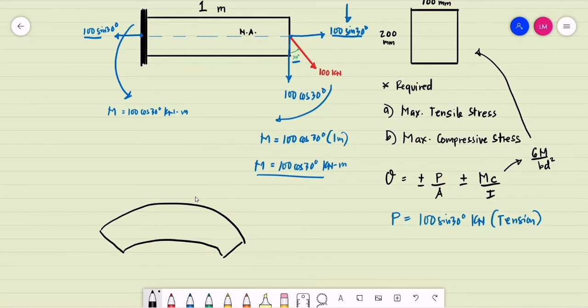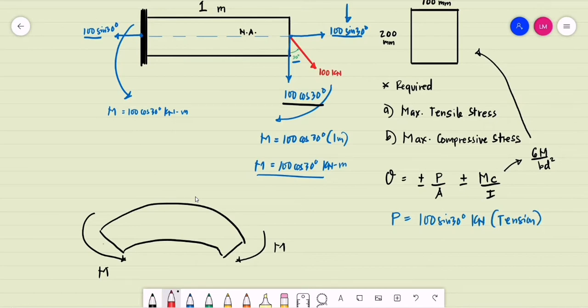On the right end we have a clockwise moment because of the vertical component, and the moment reaction at the fixed support is counterclockwise. So this is a negative bending moment that will bend the beam upwards.